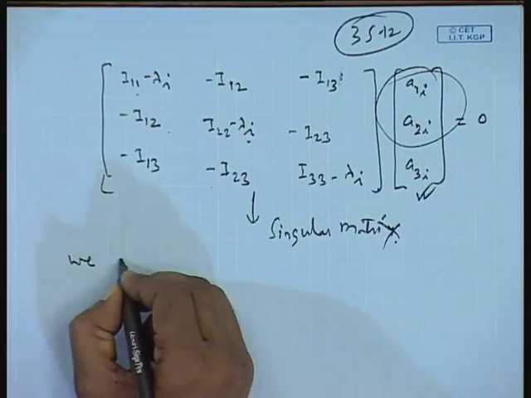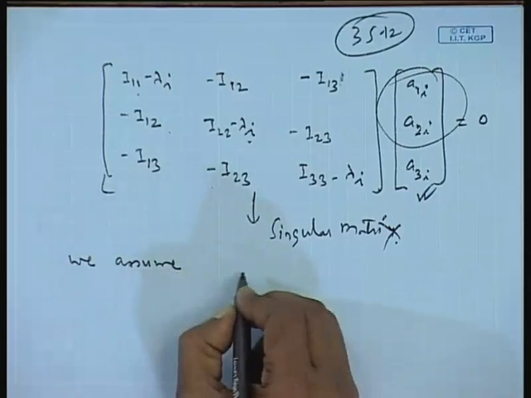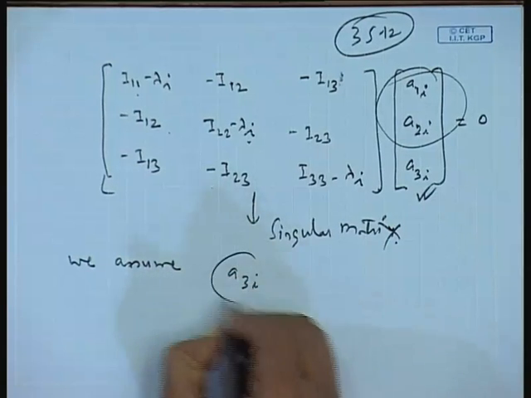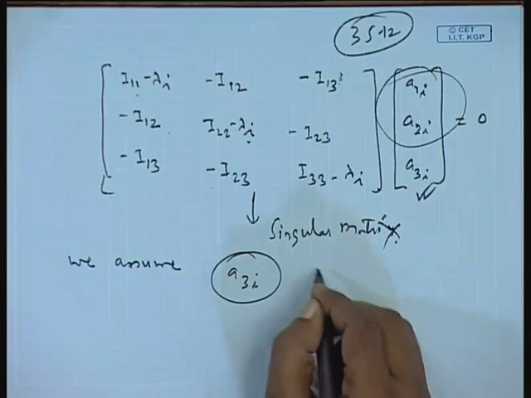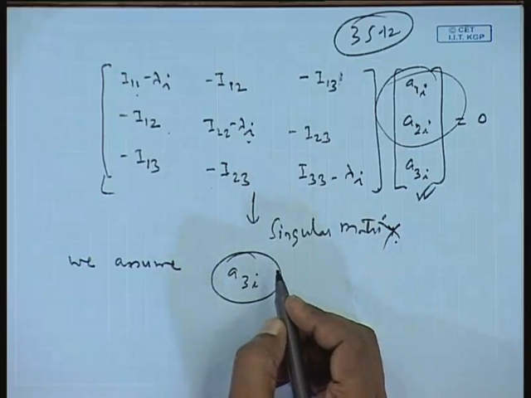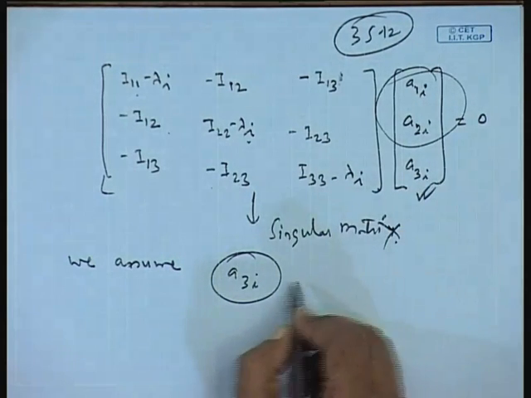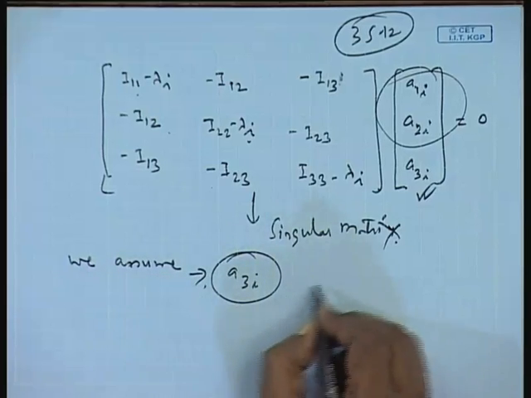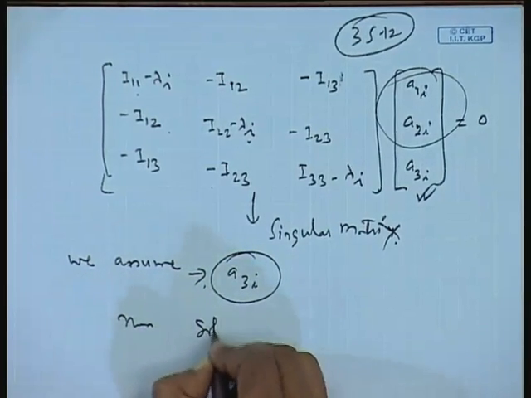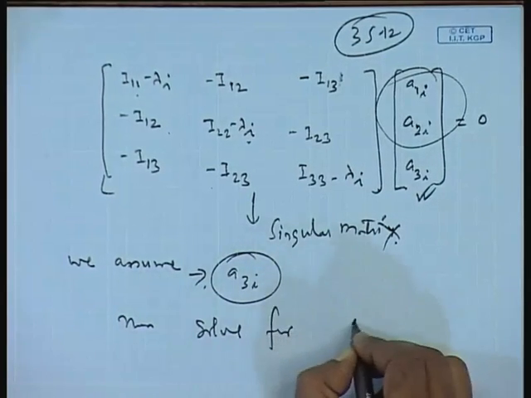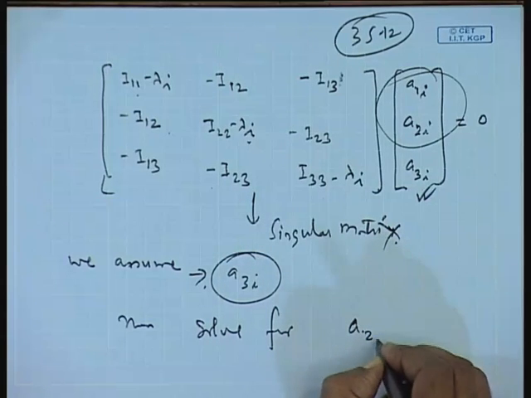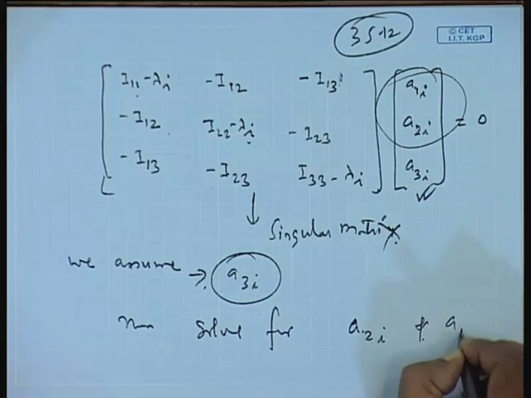So, we assume A3i, or say you can assume A1i. So, in this case let us say that I am assuming A3i and then solve for A2i and A1i.